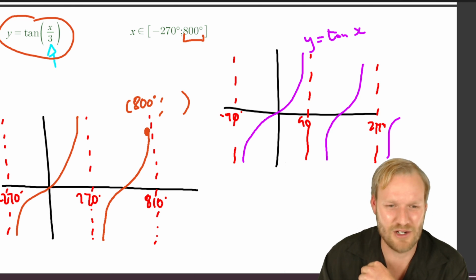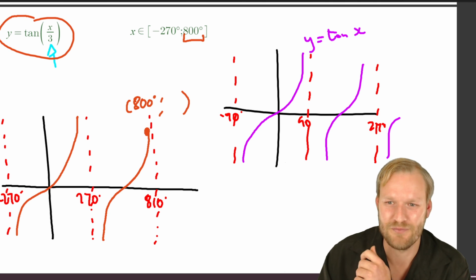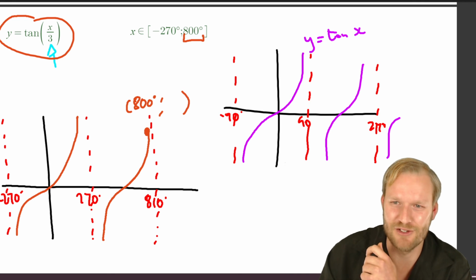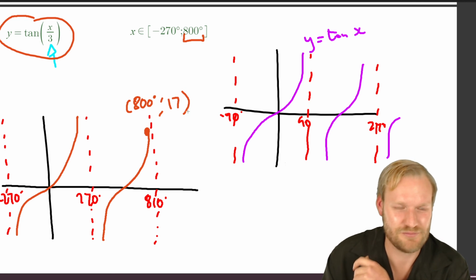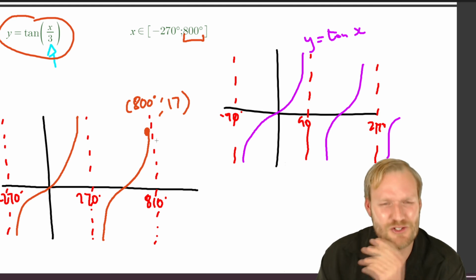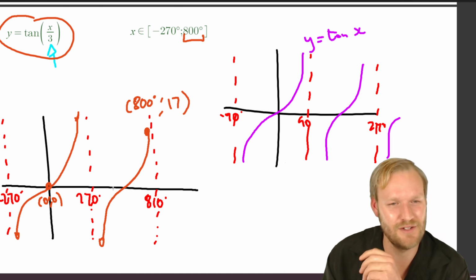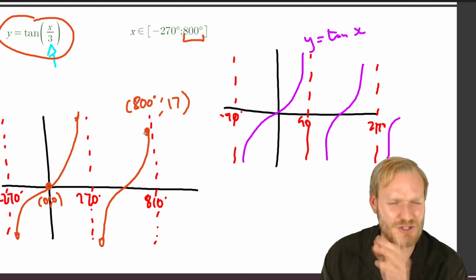And I can't think of this being a nice special angle. So we can just go tan of 800 over 3, and that is 17. Let's call it 17. As I said, a bizarre stopping point, but the idea is that it's stopping just shy of that asymptote. Here we've still got 0, 0. These things carry on forever, almost going down, but stops over there.